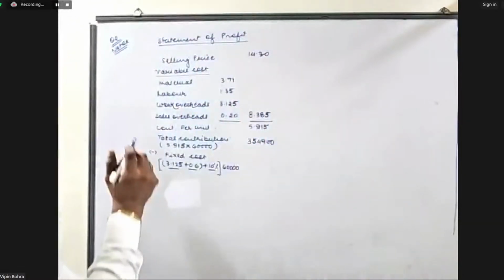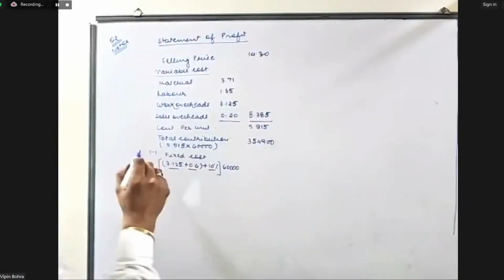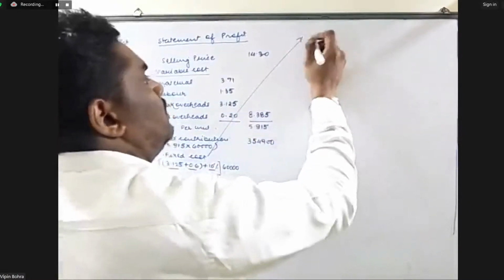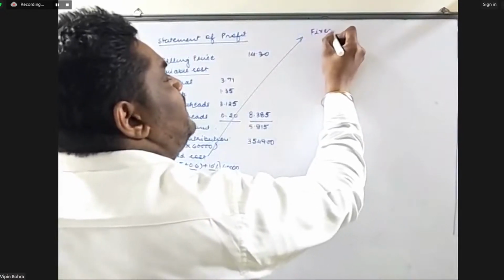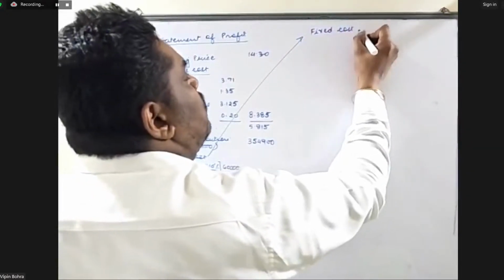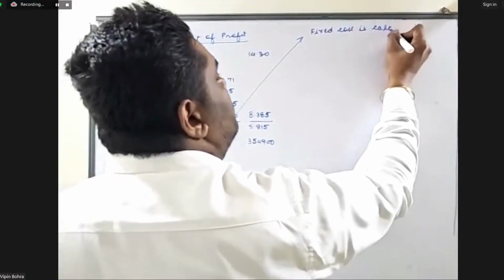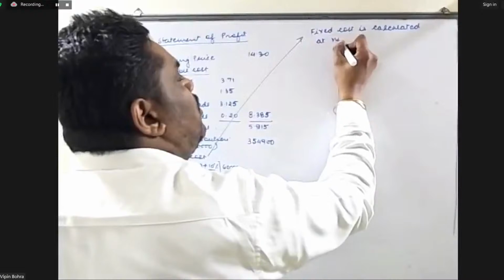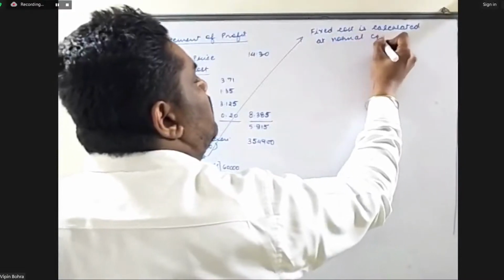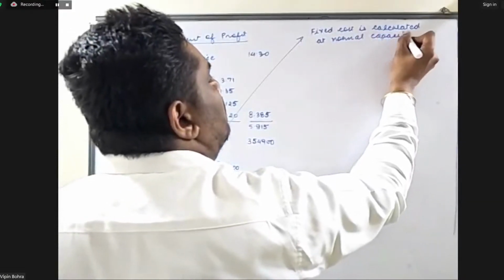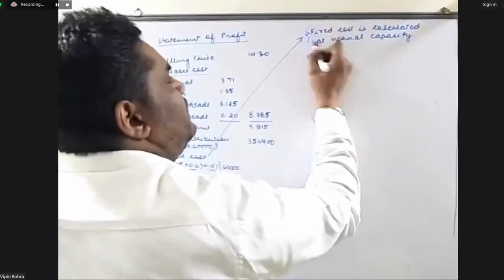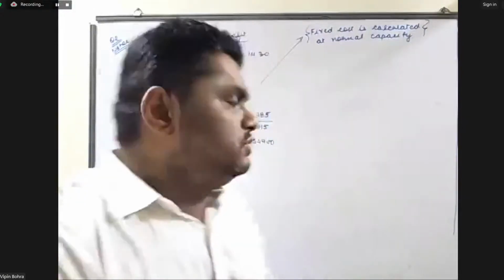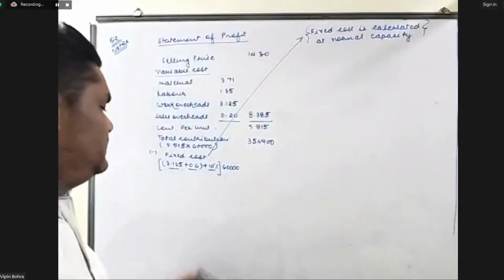Always remember this, guys, that fixed cost is calculated at normal capacity. Always remember this statement. So my normal capacity is 60,000 units. So accordingly, my fixed cost will be calculated on 60,000 only.